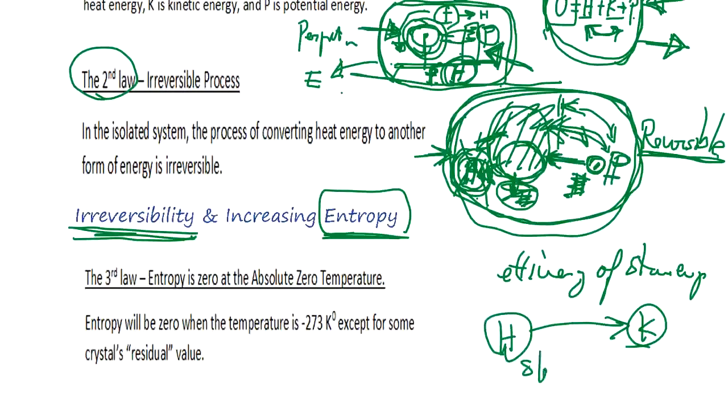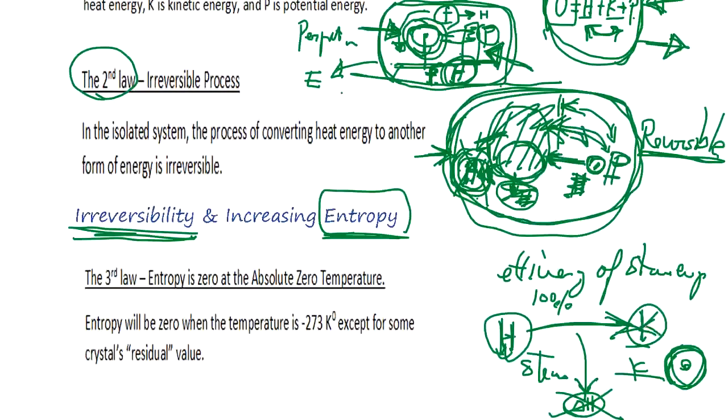The steam produces the shaft cranking the machine. That's what it is. So in this process, some heat is lost, right? And if no heat is lost, efficiency is 100%.